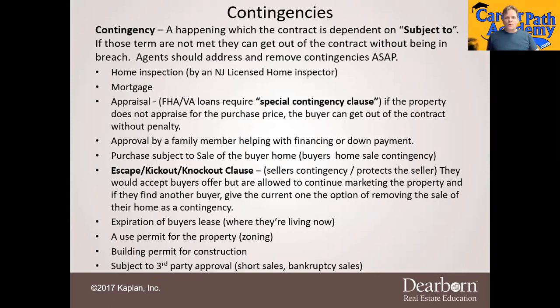Before we get into contingencies, I want you guys on page 189 to highlight under the bullet point list there: the signature of a witness is not essential for a valid contract.